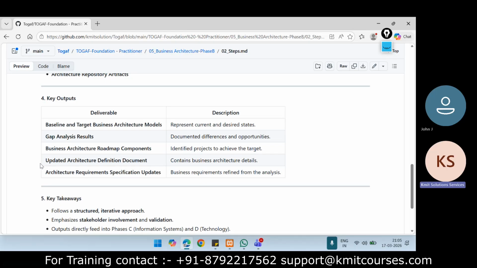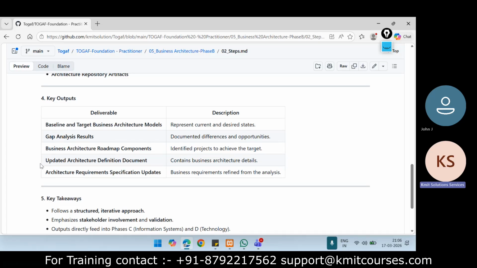And you can also exclude things. Why it is missing, whether it is intentional or unintentional, deliberate, whether it is required or not. So you put that information in the form of gap analysis, right?